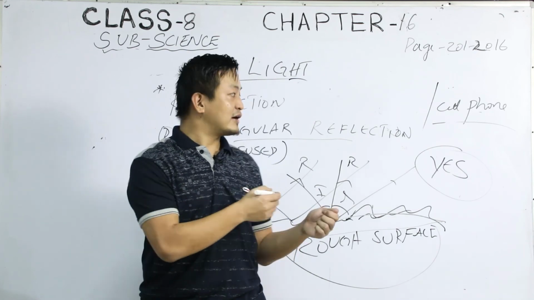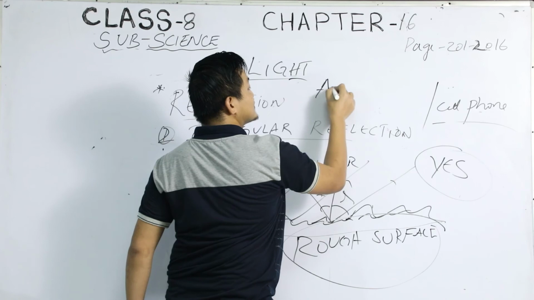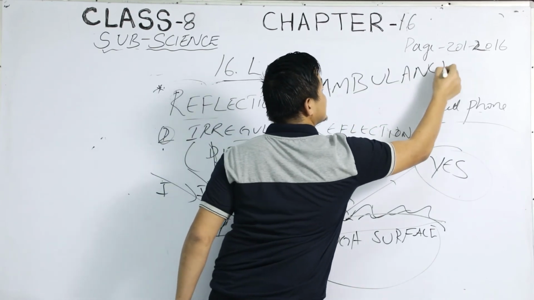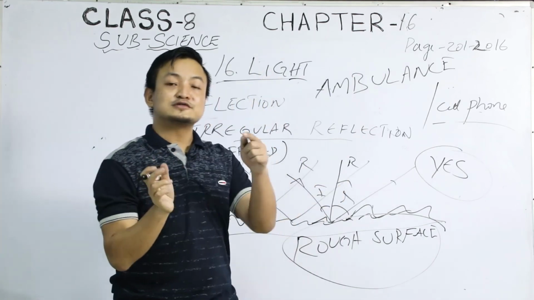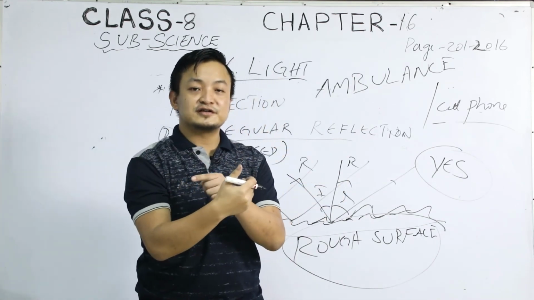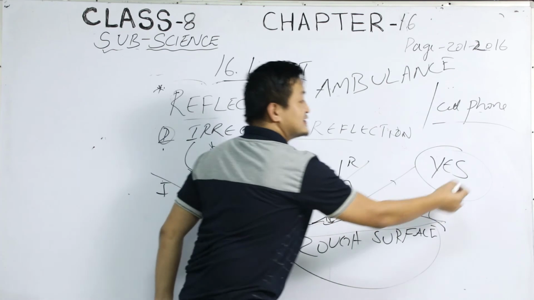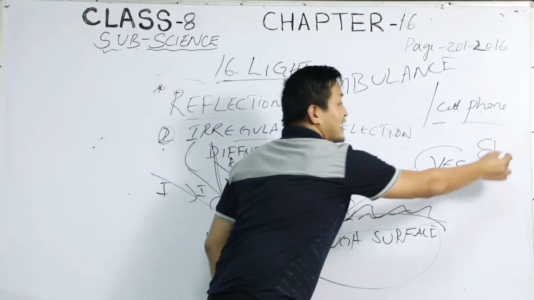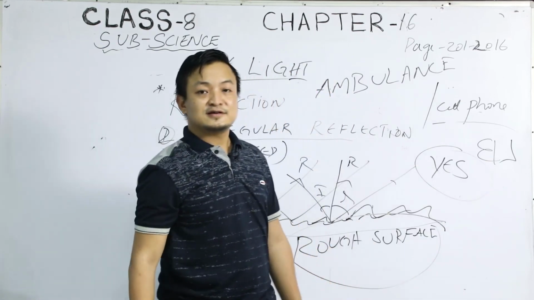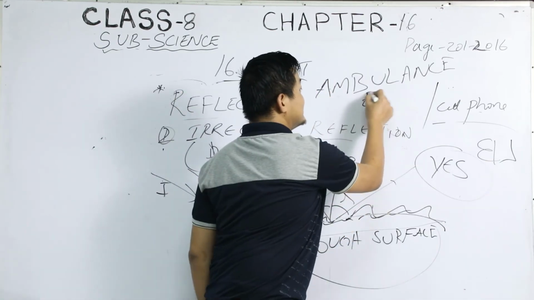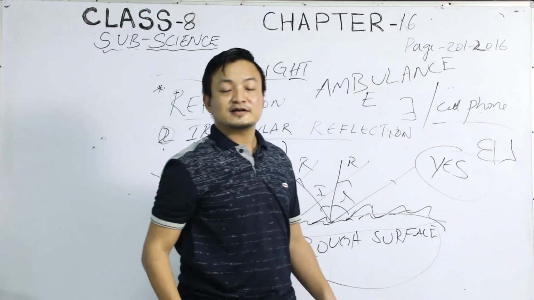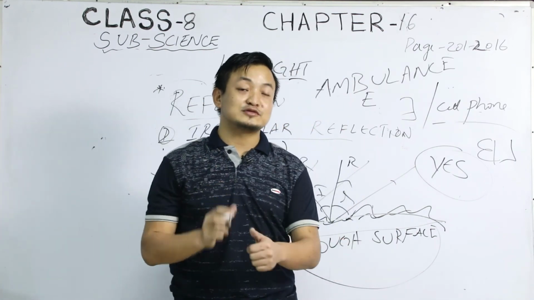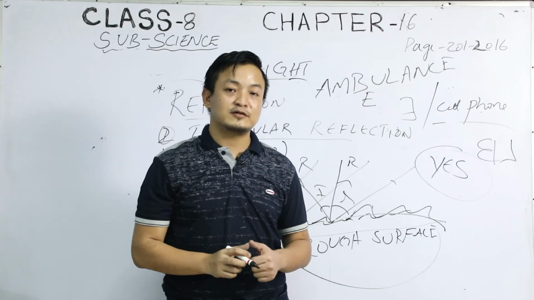You can just write something, for example, ambulance, and if you see it in the mirror, you'll see a lateral inversion. This B will appear like this, the L will appear like this, and this E will appear like this, right? So that is an example of lateral inversion which we get to see in the plane mirror.